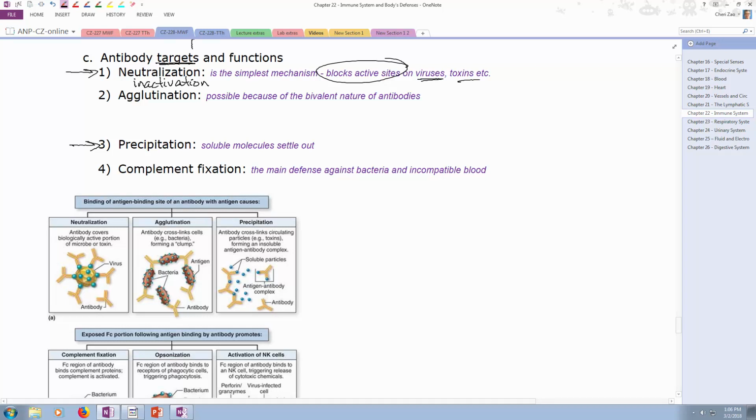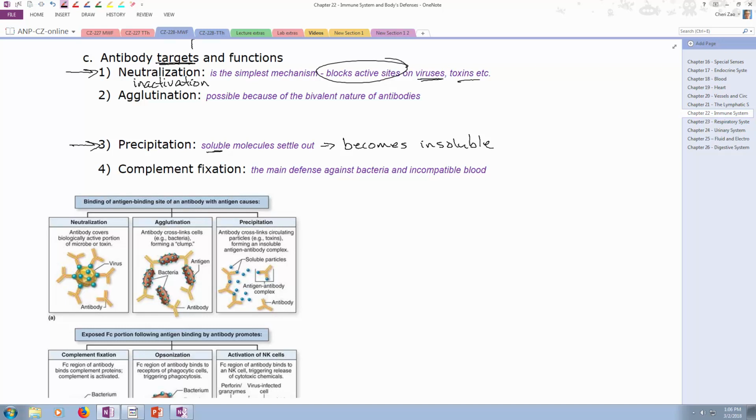It will cause the soluble molecule to become insoluble, and settle out, and will make it easier for our macrophages to actually go to and gobble up and get rid of.